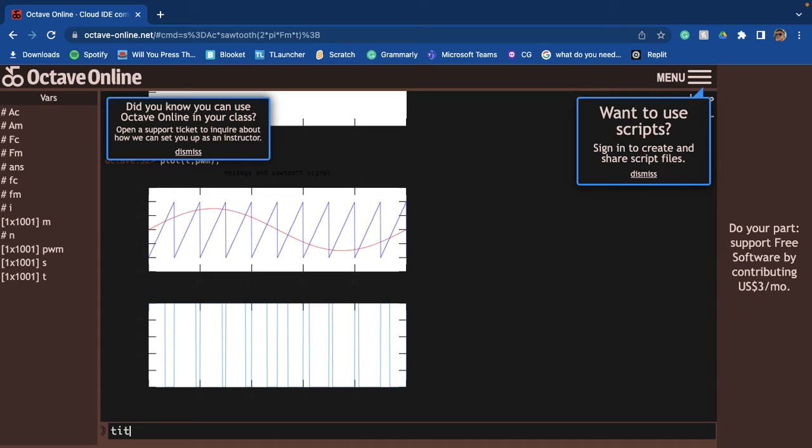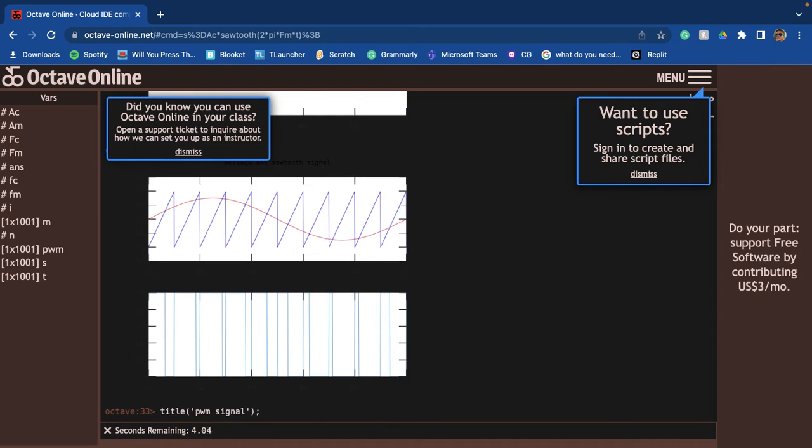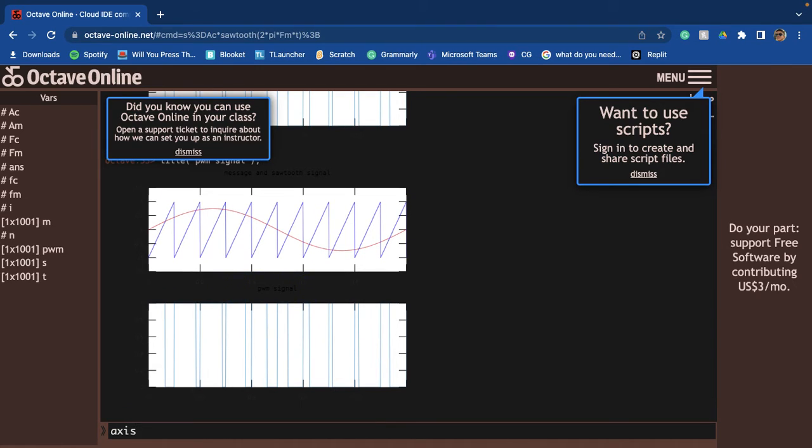Title: pulse width modulated signal. Axis: 0, 1 along the x-axis, and the y-axis is minus 0.5 to 1.5.